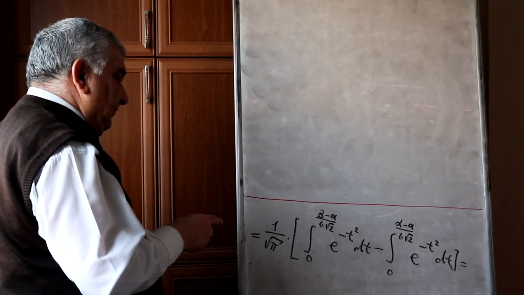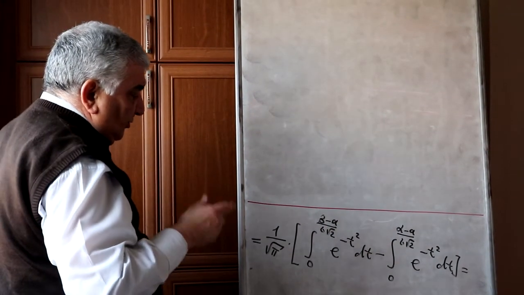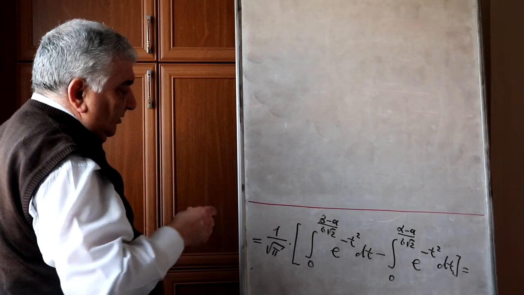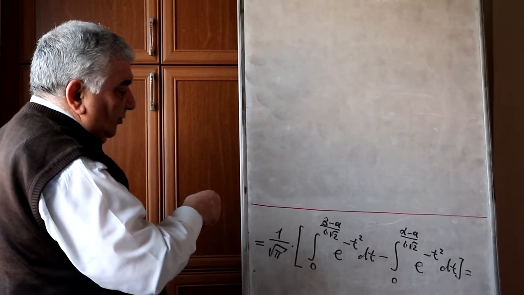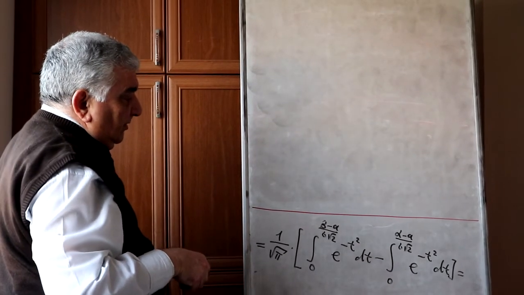Multiply and divide the whole expression by 2 and introduce 2 over square root of pi into the brackets.